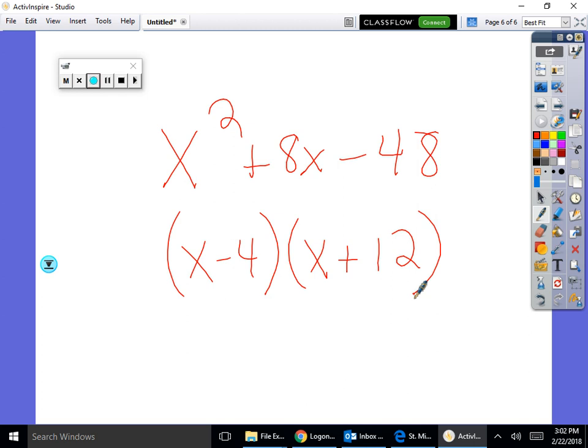As long as it's just x, you can just flip the sign, because you're really just doing x minus 4 equals 0, so you add 4. So the answer is 4 or -12. Notice, though, on the answer choice, they have +12 and -4 because they're trying to trip you up and have you write down the factors. So don't let them get you. You have to set each factor equal to 0 and solve. Cool?